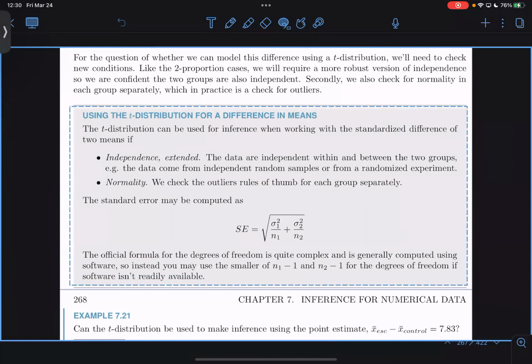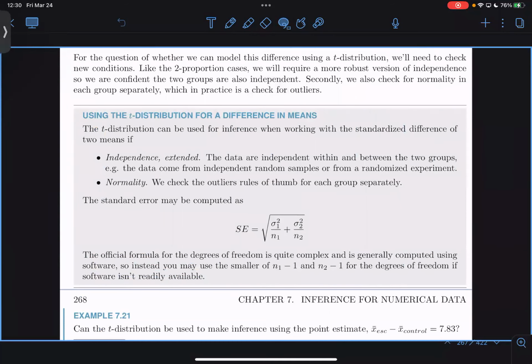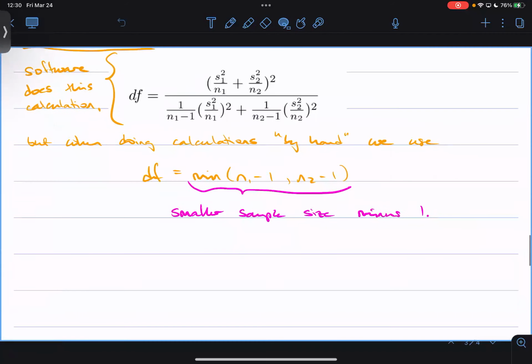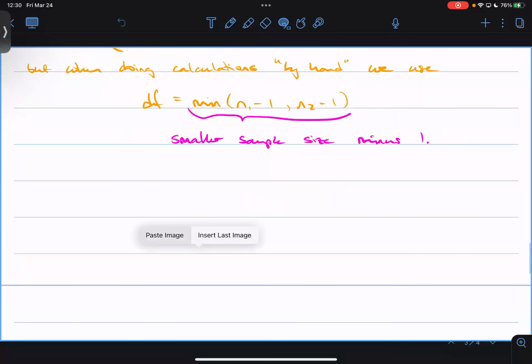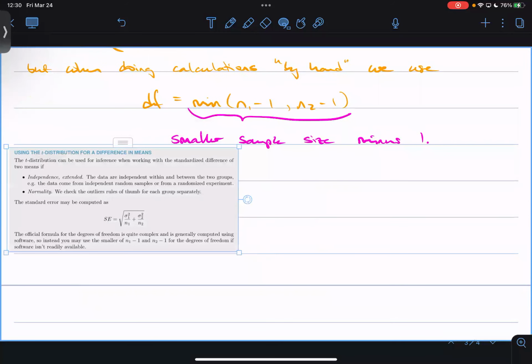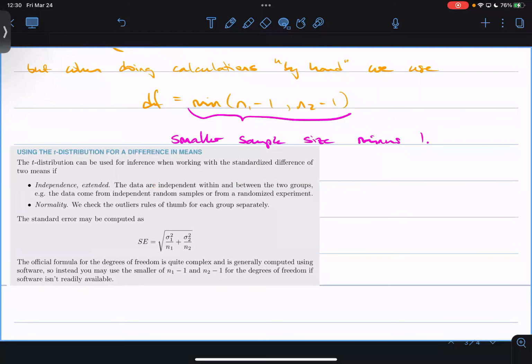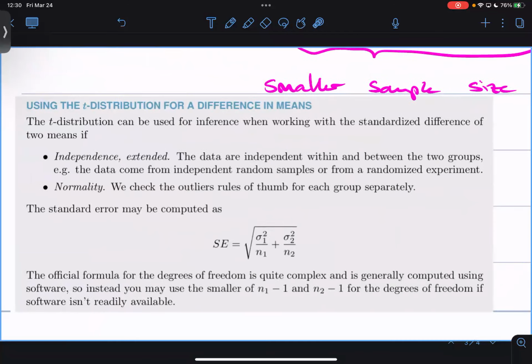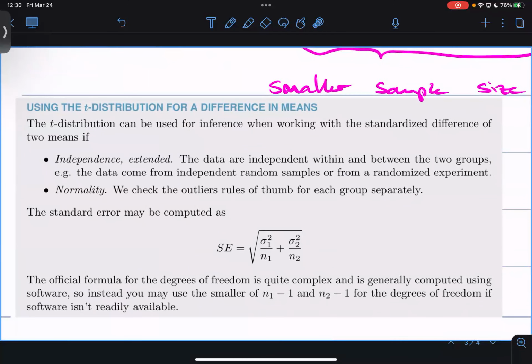For the conditions, we just have one little extension, which we've seen before. We still have the independence condition. It's extended.